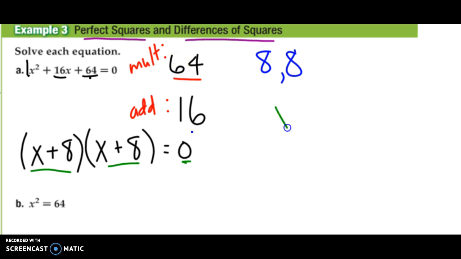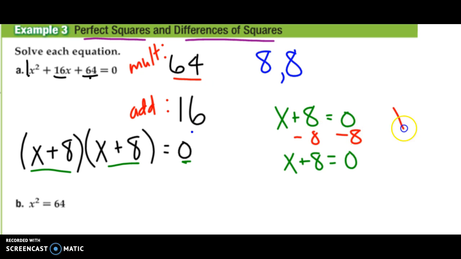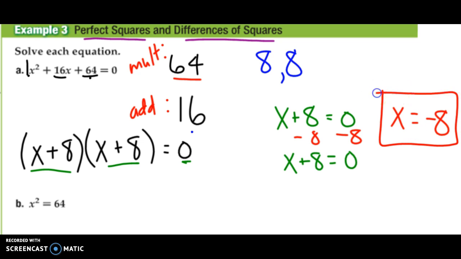Okay, subtract 8 from both sides. You get x equals negative 8. And it's actually negative 8 2 times, so we only have to write it once. Okay, so the only root for this equation is negative 8. And so if we think of it as graphing, since it's the same thing, that would mean that its vertex is sitting right at x equals negative 8 on the x-axis.